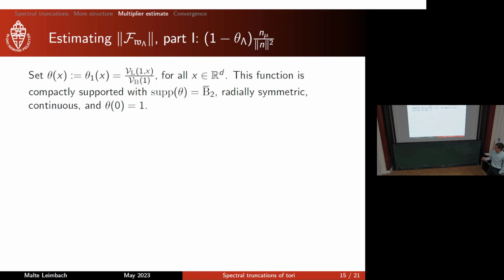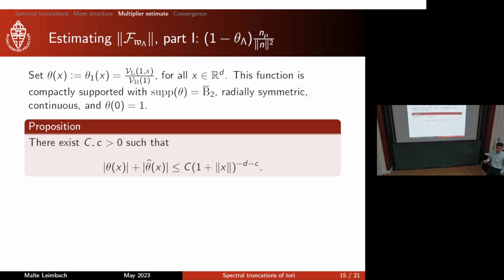It's continuous and evaluates to 1 at 0. And if you put all of this together, you can show that we have good control of its Fourier transform. This is a bit tedious to show, because you use an explicit expression for the volume of this intersection of balls, which you can figure out, and an explicit expression for the Fourier transform of a radially symmetric function. If you put all of that together, you can explicitly compute the Fourier transform of this function theta and get that estimate. But it's just a bit tedious.